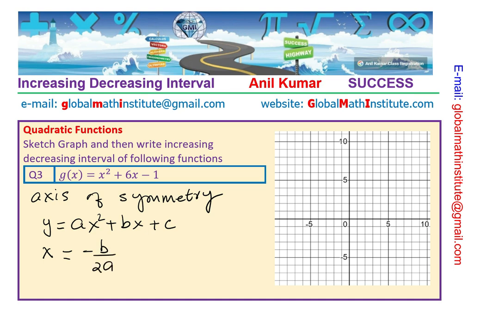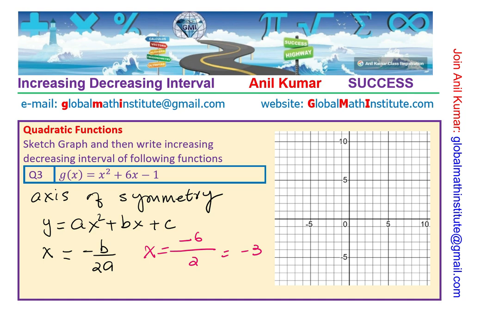So this formula can be easily utilized. If I use this formula, minus b is minus 6, 2 times 1 is 2, x will be at minus 3. So definitely, we know that the axis is at minus 3, right?